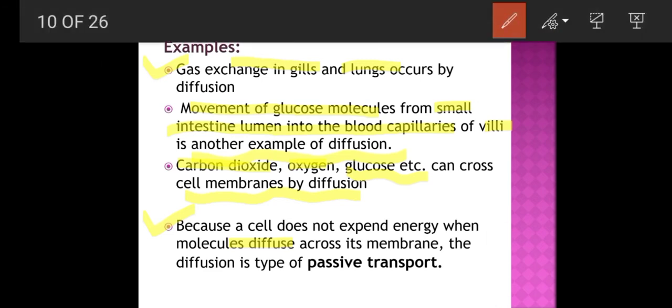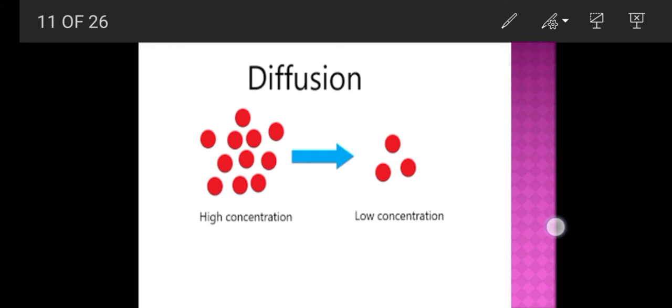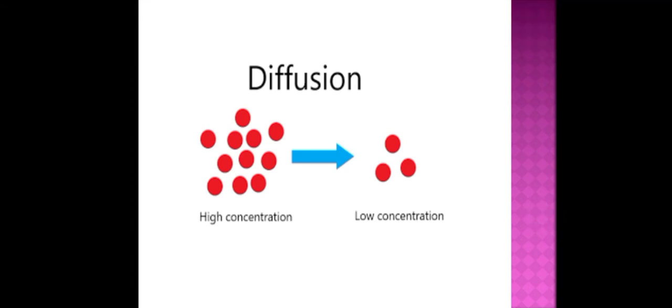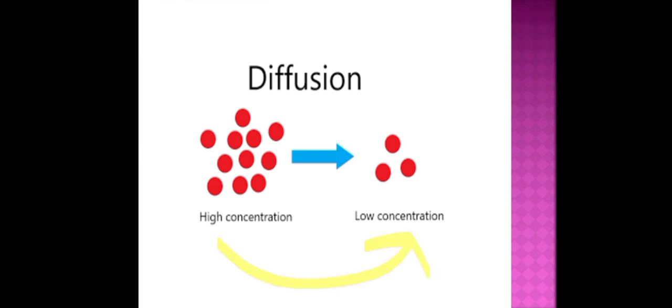So diffusion is an example of passive transport. In this diagram we can see that molecules or particles are moving from an area of higher concentration to an area of lower concentration. So movement is occurring from higher to lower concentration.